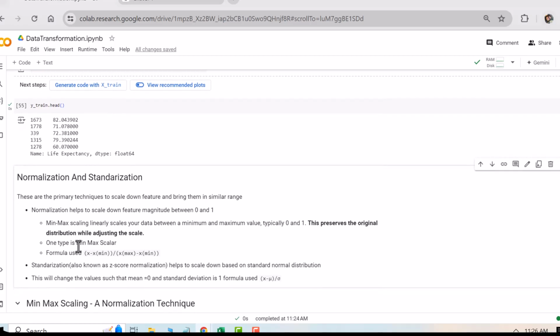Coming to the standardization technique, it uses a different formula where it changes the value such that the mean of the whole data becomes 0, right? And standard deviation is close to 1. To arrive at that, it takes the mean of the data, and then for the given data x, it gives the difference of the data with the mean divided by the standard deviation.